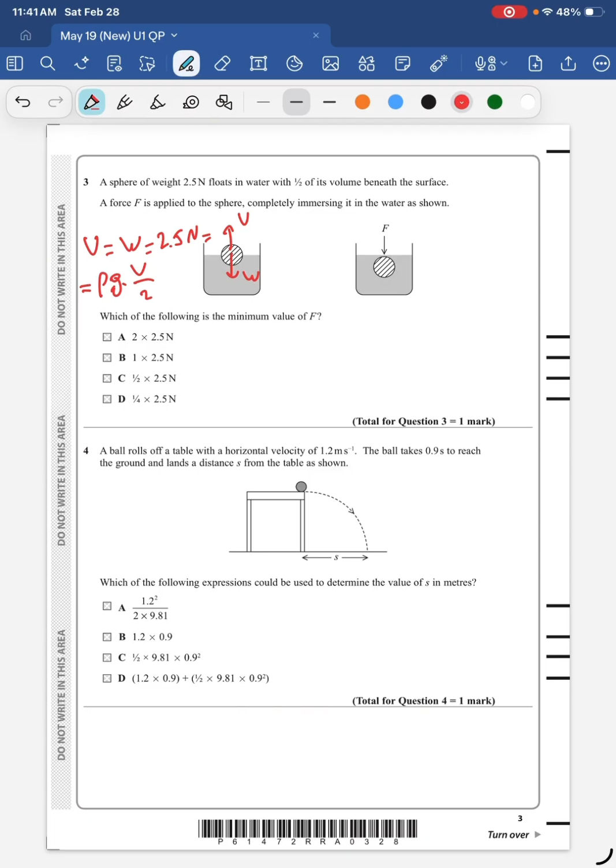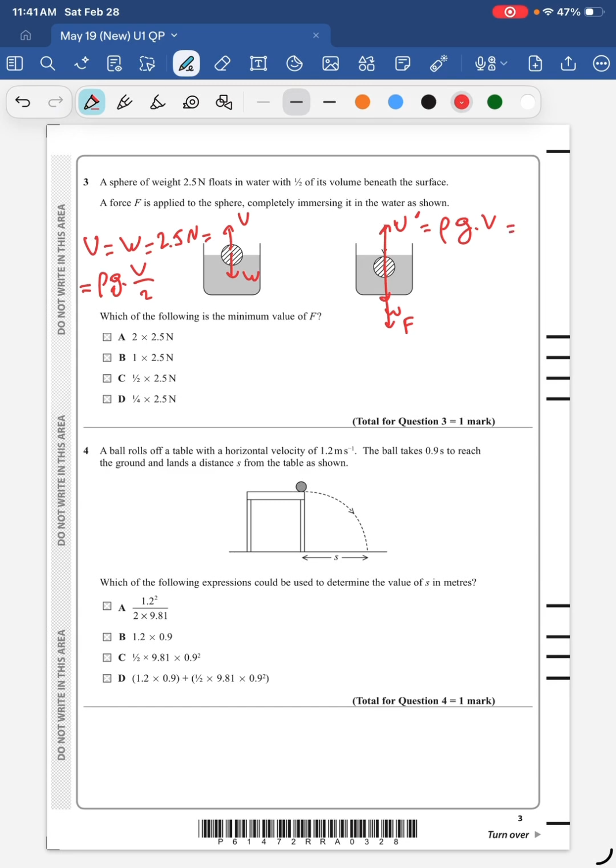Now, if we move over to the second picture, we have the weight still. Now we have a new up thrust, and we also have the force. The new up thrust is equal to the density times g times the whole volume, because the whole volume is displaced.